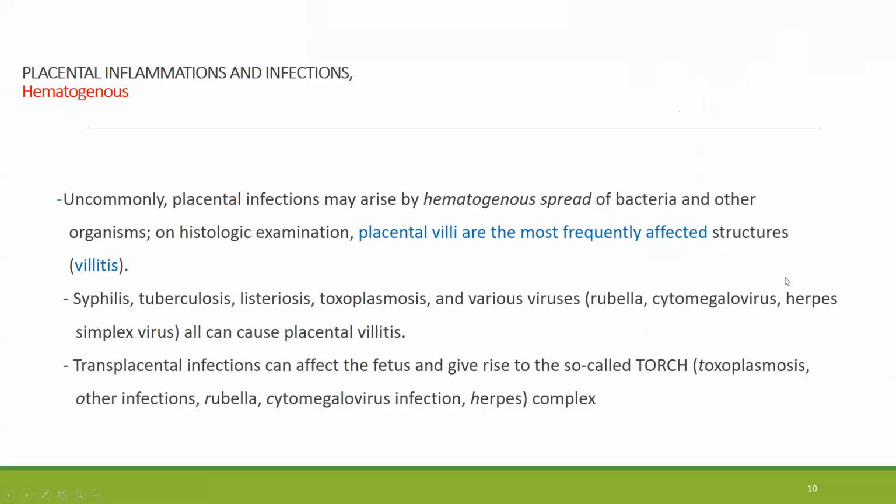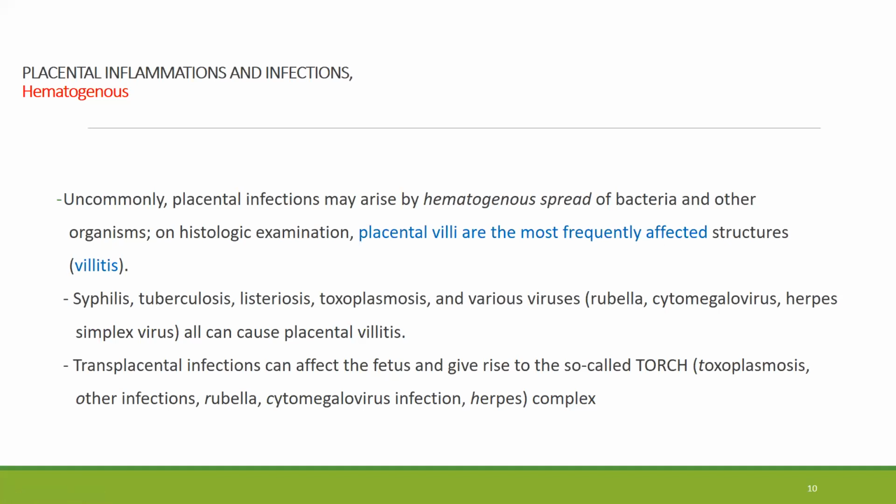The hematogenous spread is the spread of bacteria and other organisms through the blood. Placental villi in this case are the most frequently affected.